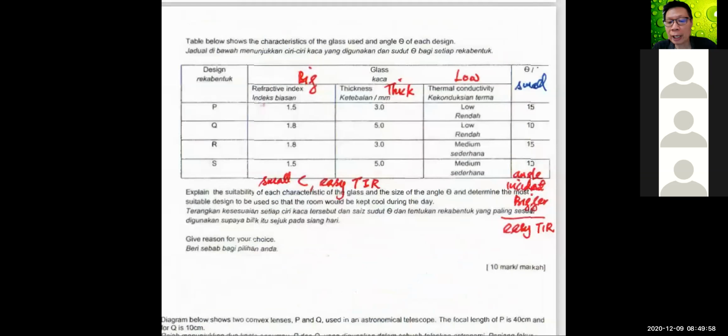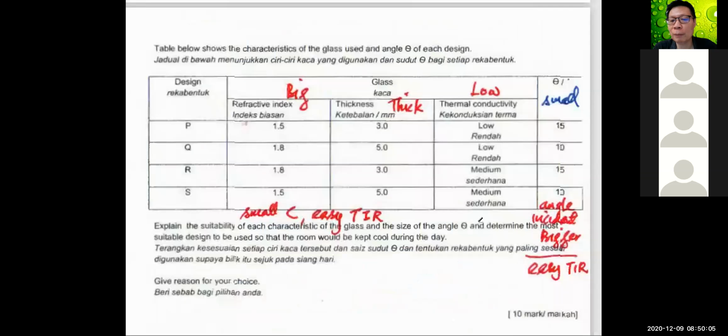Let me explain a little bit which one we are supposed to choose. Can you all see the screen? Can everyone see the screen? Okay, thank you.